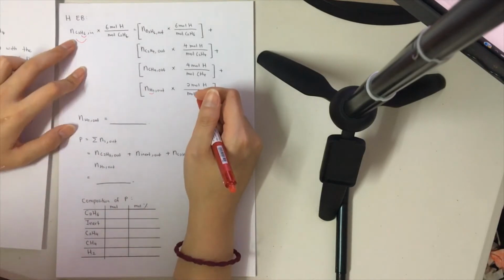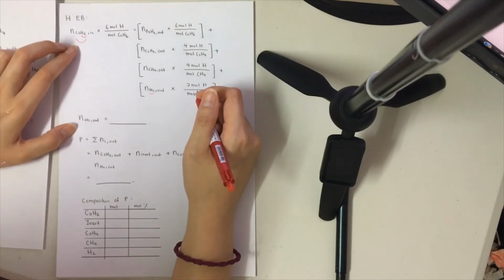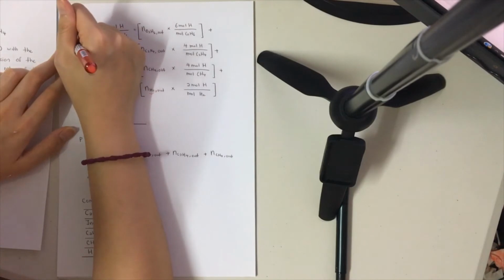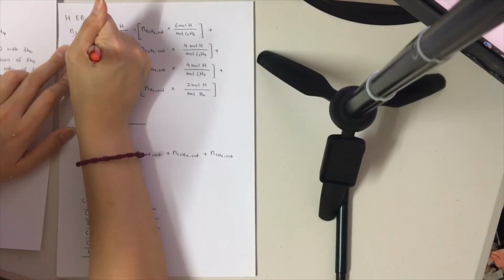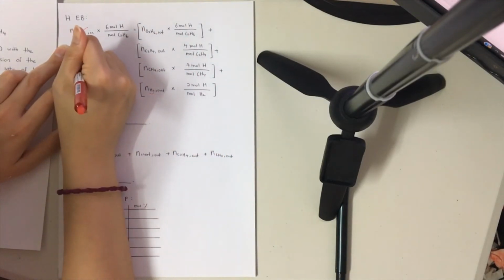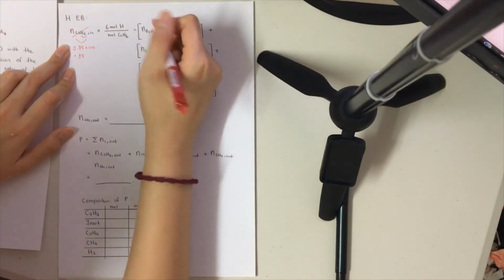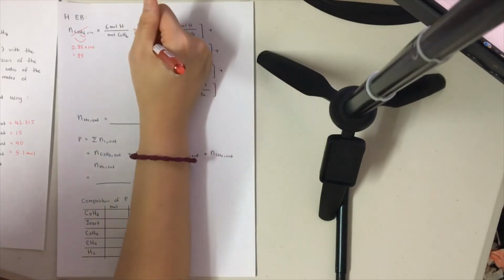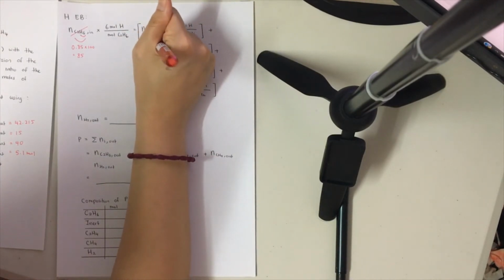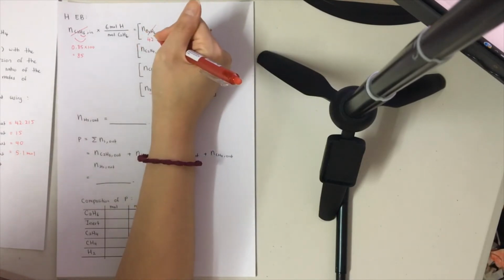So this one over here is 0.85 again times 100, which gives you 85. C2H6 here is 42.215.